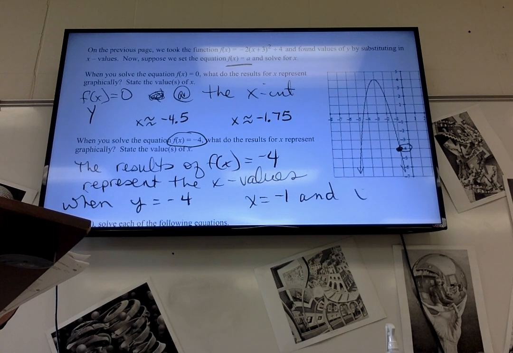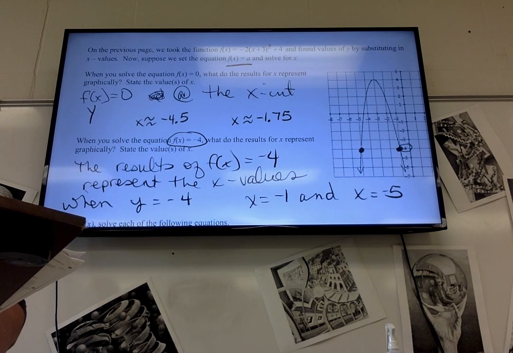Yeah. So there's more than one of those. If you plug in x and put it in the equation, you're getting out a y. If you set f of x equal to a number and you solve the equation, you're getting out an x.